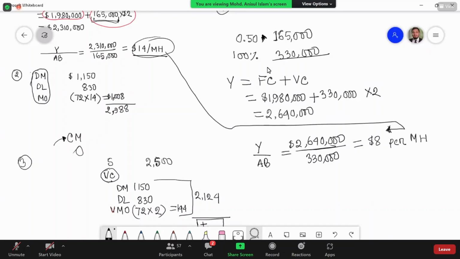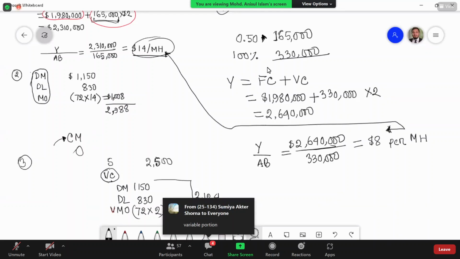Which is driving this number down from 14 to 8? You see which has actually gone down: the variable cost or the fixed cost?